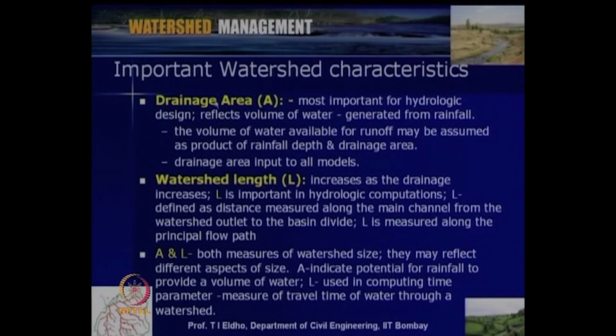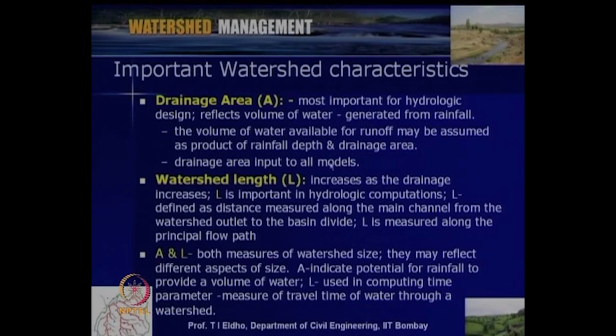Another important characteristic which we have to consider, especially in watershed modeling, is the so-called watershed length. Watershed length is defined as the distance measured along the main channel from the watershed outlet to the basin divide. If this is the watershed which we consider here, this is the basin divide, and somewhere here is the watershed outlet, then this is the length from the watershed divide to the outlet.